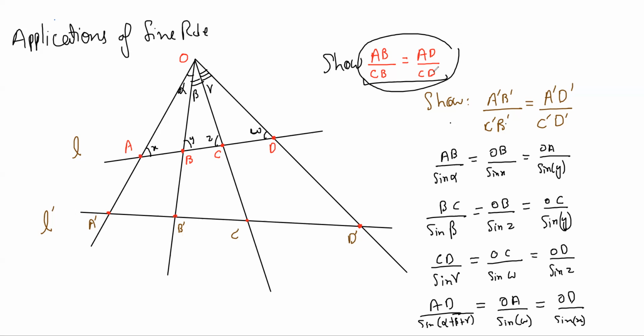We want to eliminate X, Y, Z, and W because they are not going to be preserved. These are not cyclic or similar or anything. L prime is just another random line, right? This angle, you don't want that. So how will you play the game? You don't want X, Y, Z, and W.